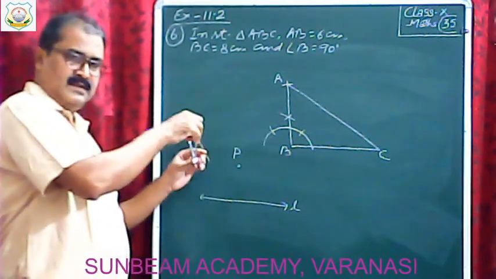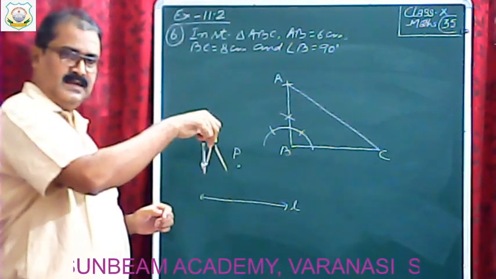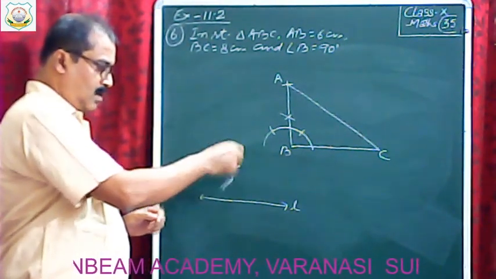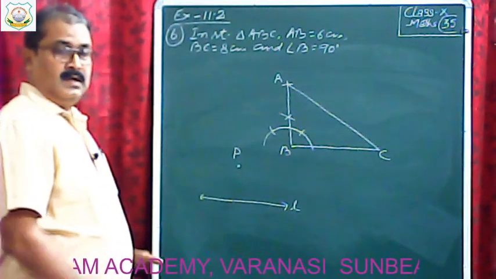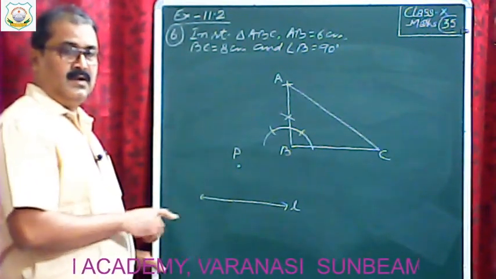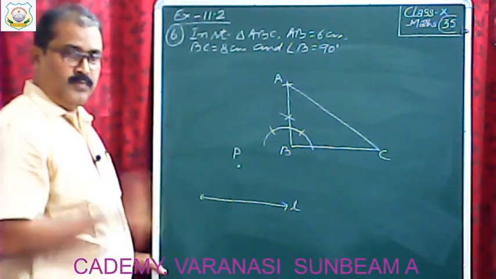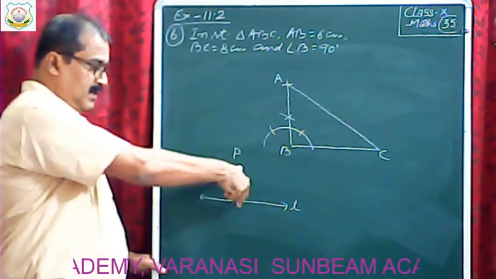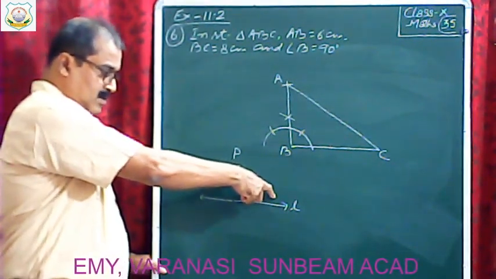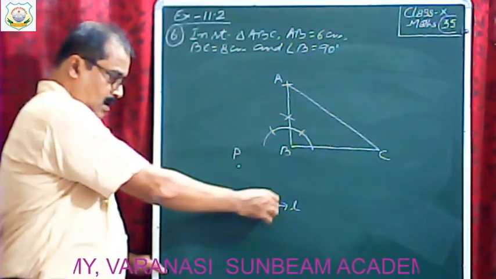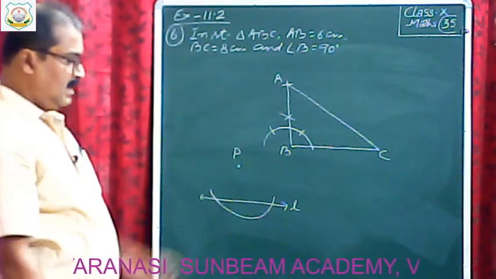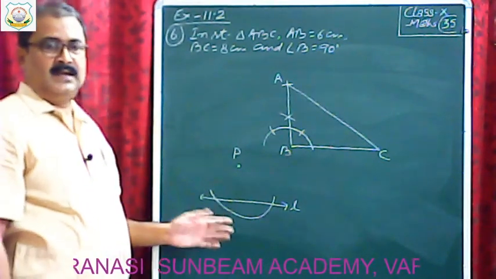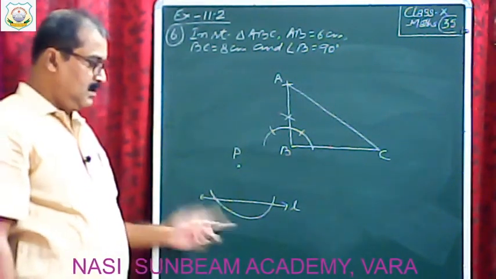Listen again. With P as center, taking any radius, you have to draw an arc intersecting the given line or line segment at 2 points in this manner.